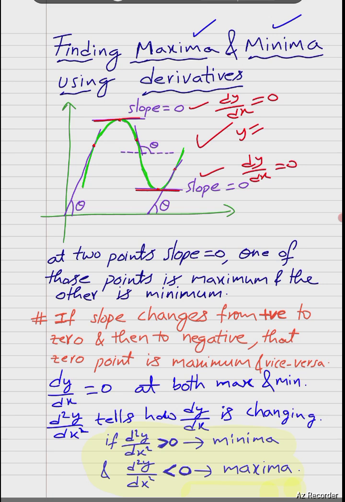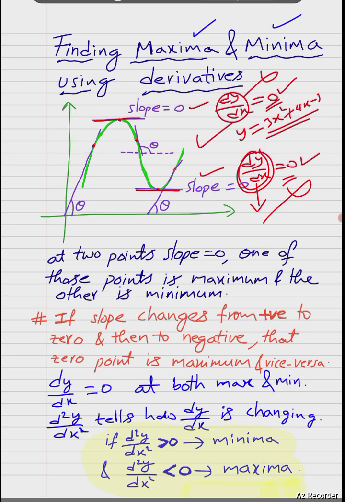If it is not a graph, suppose the equation is given like 3x square plus 4x minus 3, something like that. For this one, how can you find whether the y value is maximum or minimum? Because the problem is at both points dy by dx is 0. That means using dy by dx, we cannot confirm whether the point is maximum or minimum.